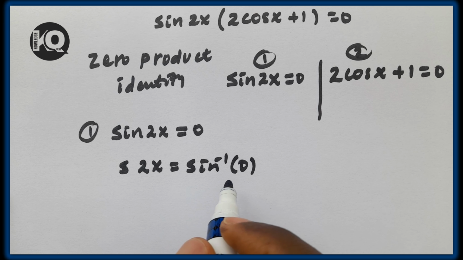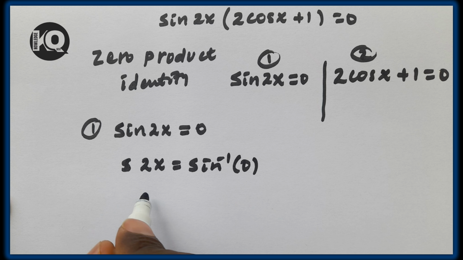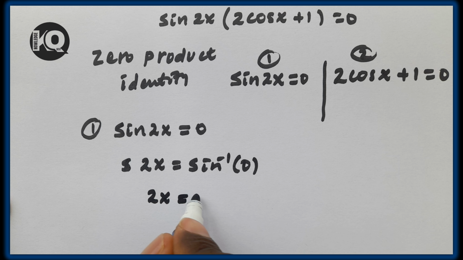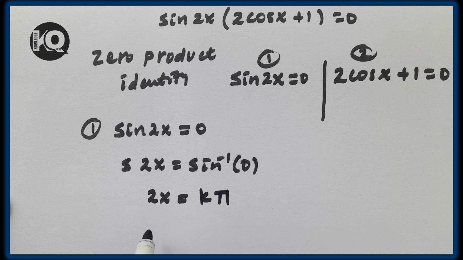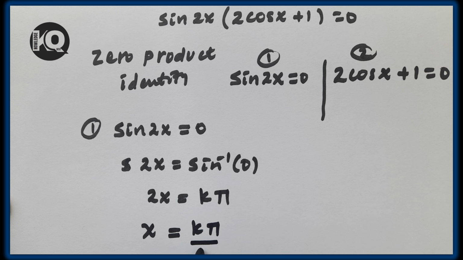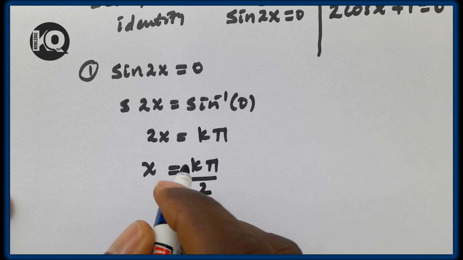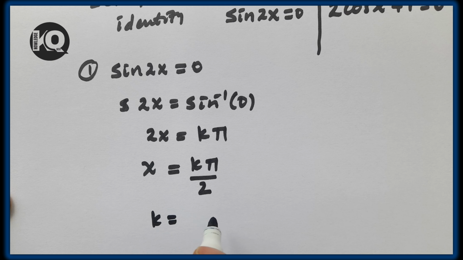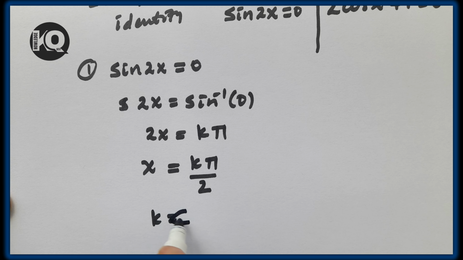So sin inverse of 0 will be pi times k, so 2x is equal to k times pi, so x is equal to k pi over 2, where k is an element of integer.